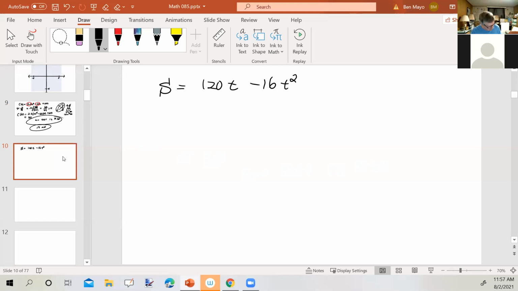All right, so t stands for time in seconds, and S stands for height in feet. If the shell is designed to explode when it reaches its maximum height, how long after being fired, and at what height will the fireworks appear in the sky?